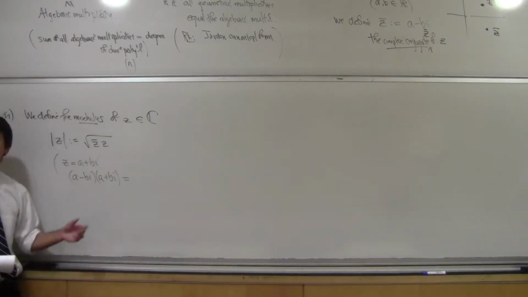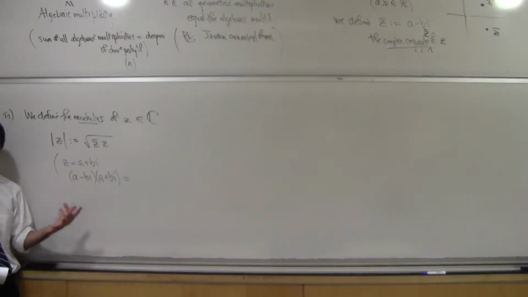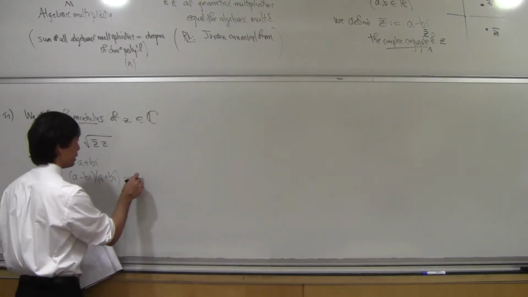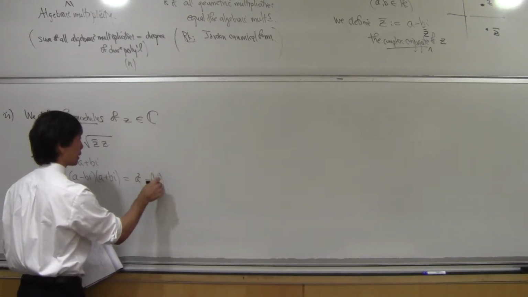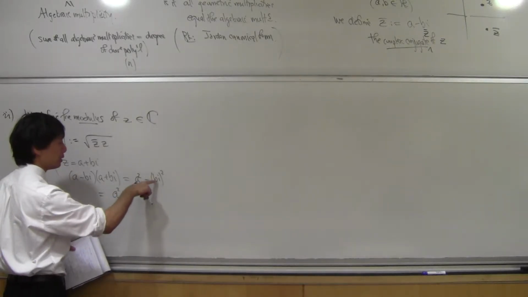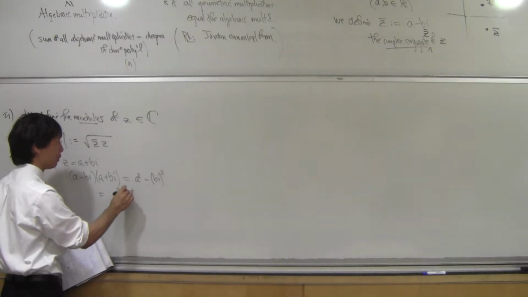Right? What's that going to be? A minus bi, a plus bi. It's going to be a squared minus (bi) squared. So it'd be the difference of squares, right? So that's going to be a squared minus b squared i squared, but i squared is negative 1, and so we get a squared plus b squared.